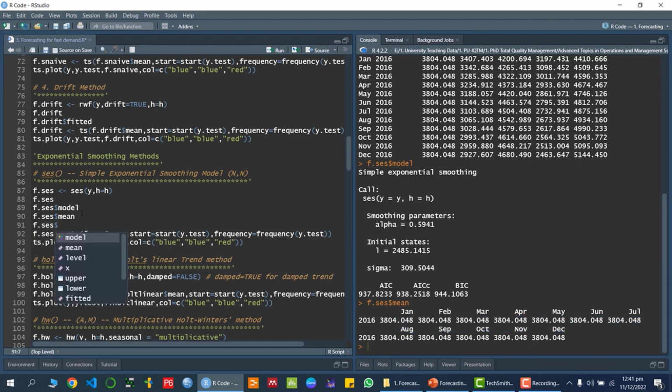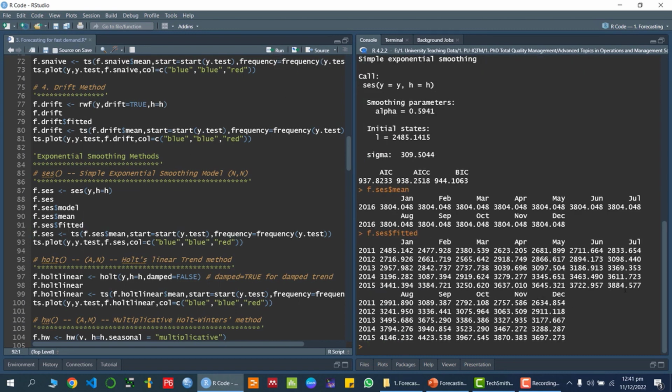With the dollar sign, if I ask for the fitted values, that is against January 2011 to December 2015, we have the actual data set, and these are the fitted values from the simple exponential smoothing method. Now let's plot this one.